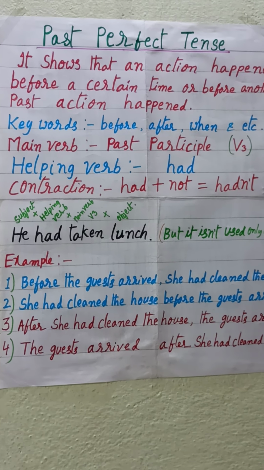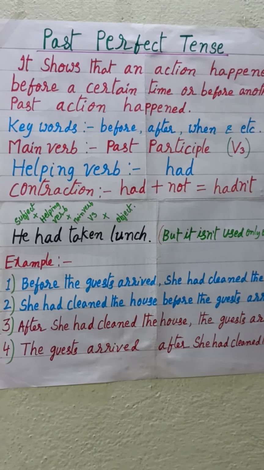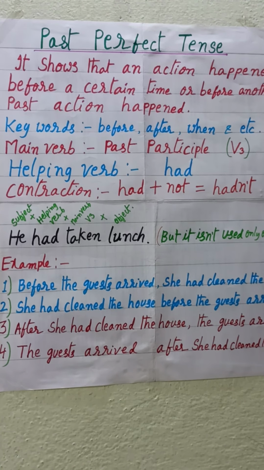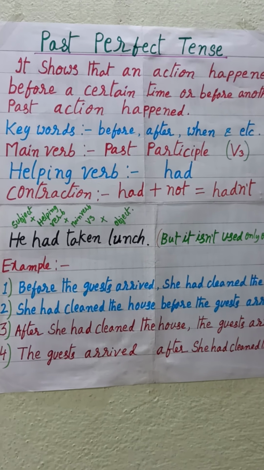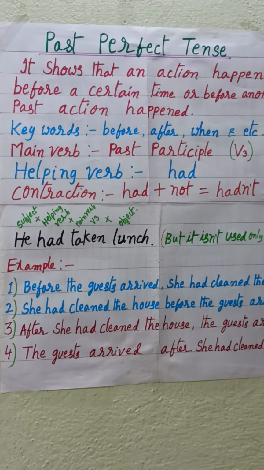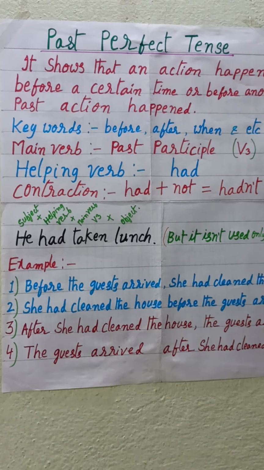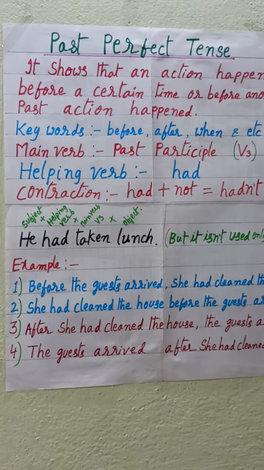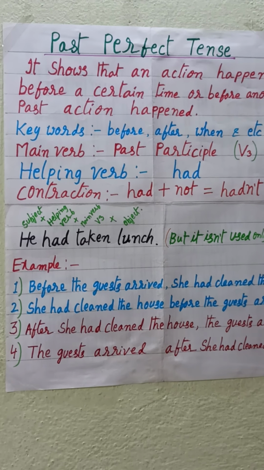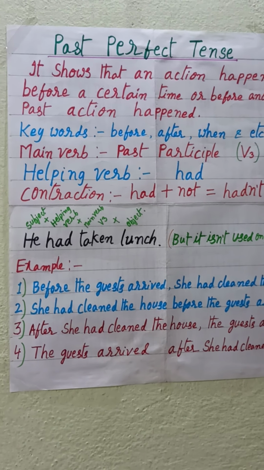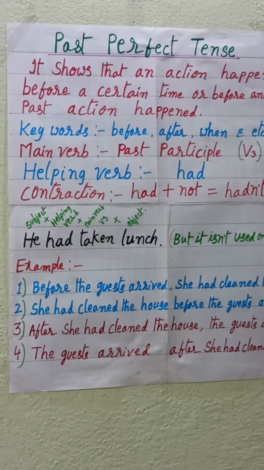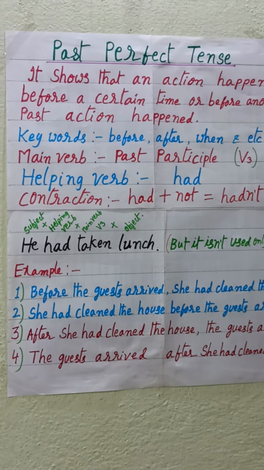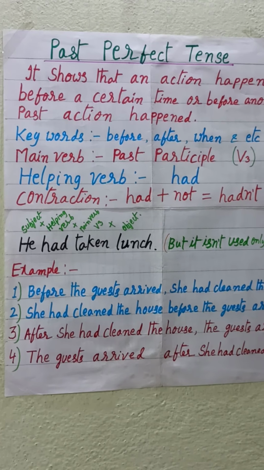Main verb, past participle, that is V3. Already we know about this main verb in the present perfect tense. There are three perfect tenses.